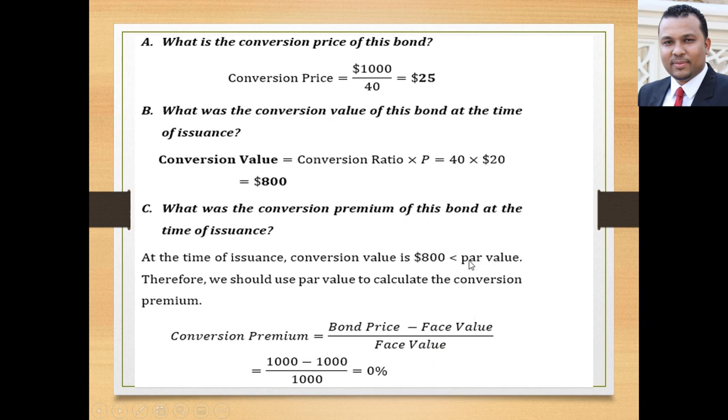Because the par value, $1,000, is greater than the conversion value. $1,000 minus $1,000 divided by $1,000 equals 0%. This is 0% at the time of issuance. Why 0%? Because the face value or par value, $1,000, is greater than the conversion value.